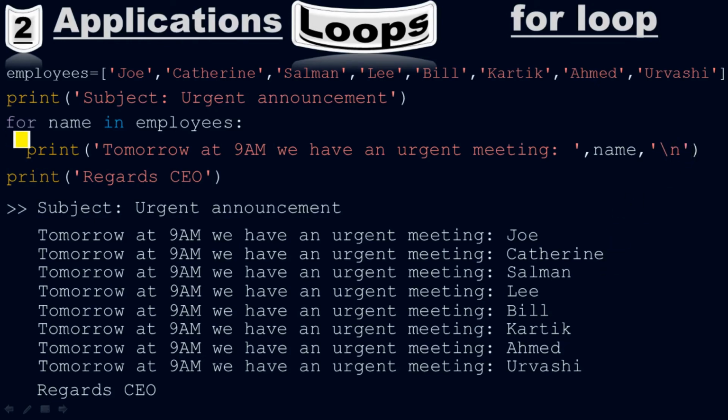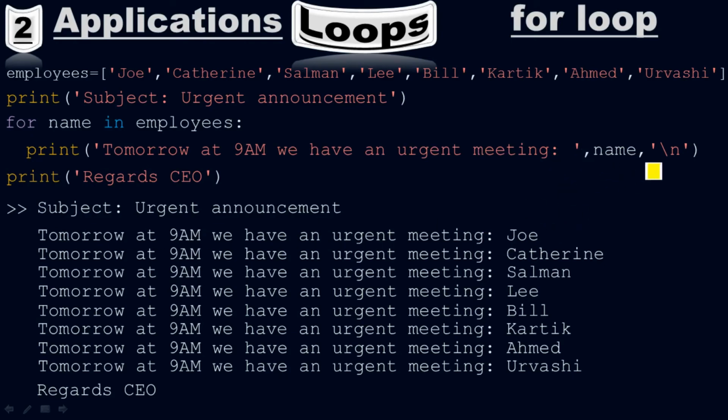So the for loop will iterate over the very first item, which is Joe. Joe is the first employee name. And it will send this message: tomorrow at 9 a.m. we have an urgent meeting, Joe.